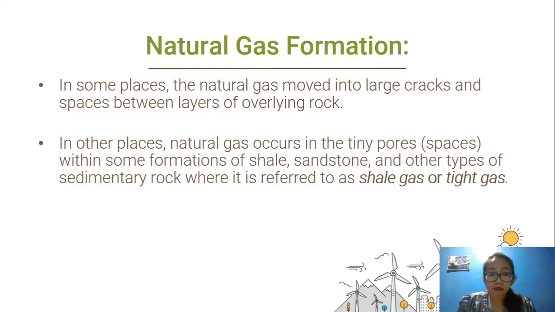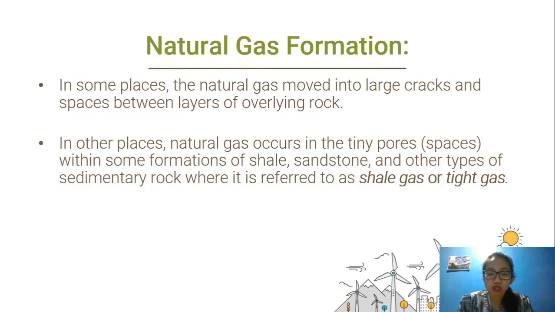Okay, so some places have a large amount of natural gas, with large spaces underneath the earth containing large amounts of natural gas. But in some locations, tiny pores of rock have natural gas. By combining those tiny pores, you could harvest a lot of natural gas.